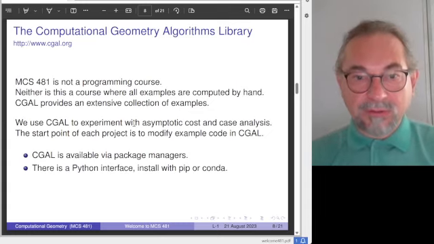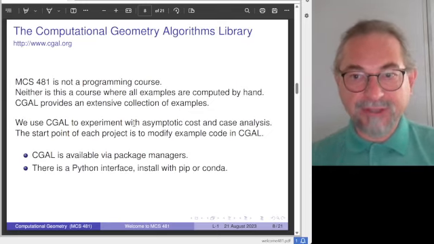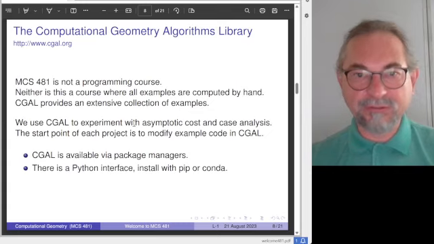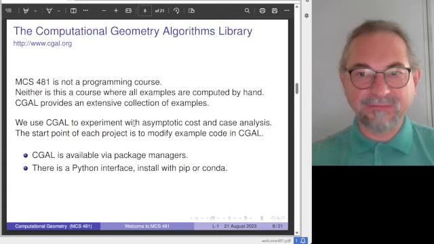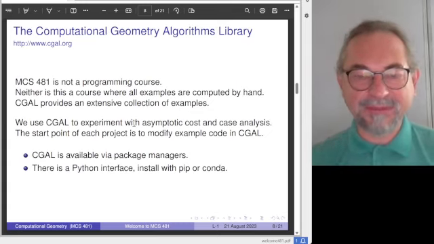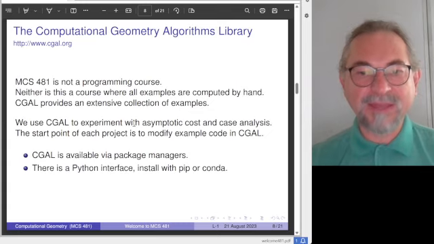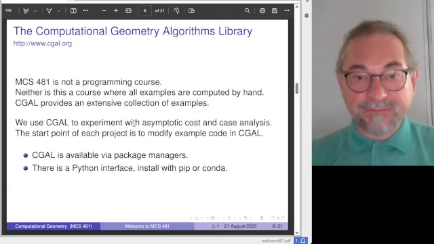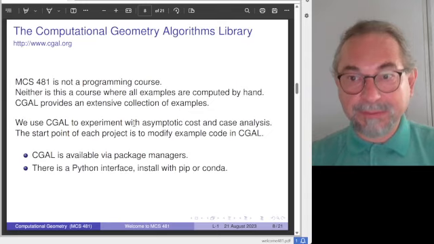I have installed CGAL with an Ubuntu package manager. I'm presenting this pre-recording on a Windows laptop from the Windows Subsystem for Linux. In that sense, I can combine the best of all worlds. The Python interface installs both with pip and conda.